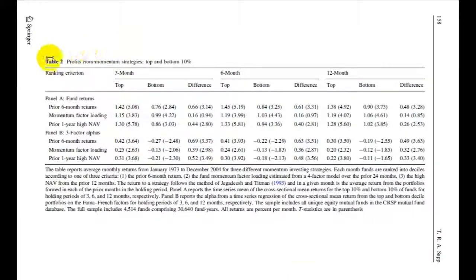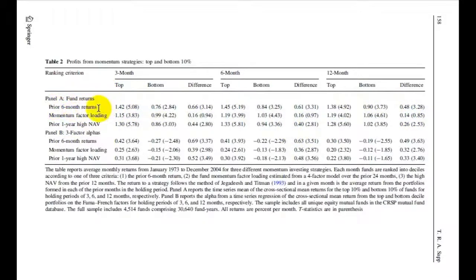Okay, so here in Table 2, they've started to analyze the mutual funds for different types of momentum sources. So what we have here is the authors have ranked all of the stocks, not stocks, mutual funds, in three different ways to assess the returns.